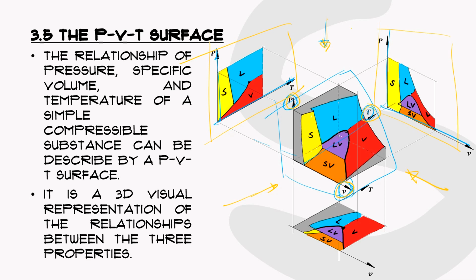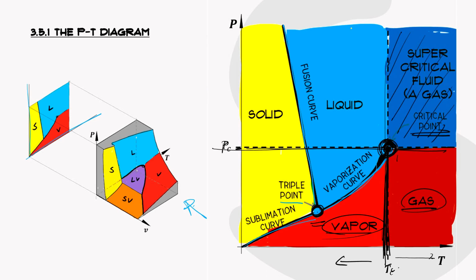In those diagrams, you can get information about the phases of a substance at a given pressure, temperature, or volume condition.